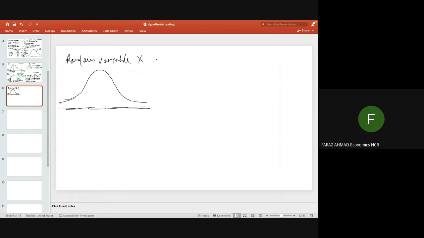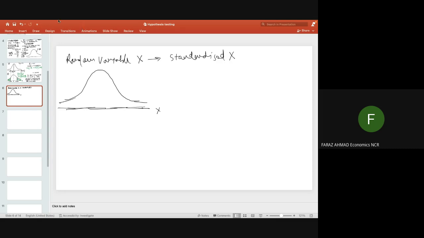By standardizing it, we have converted this into a standardized variable, and we have put it on the x-axis. And here on the y-axis, we have density.